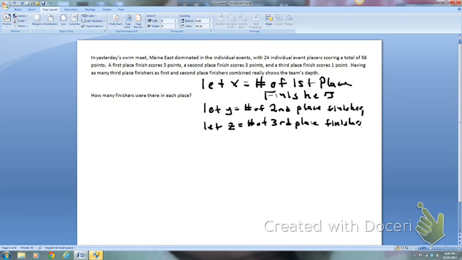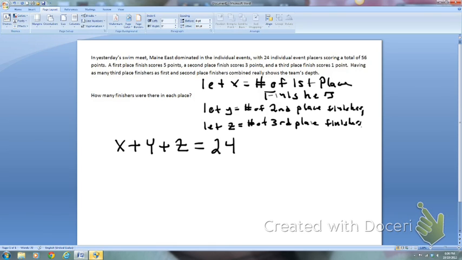So the total number of first place finishers added to the second place finishers added to the third place finishers would be 24 total athletes. So one particular equation I could set up would be, if I add x to y to z, I am going to get a total of 24 total athletes.